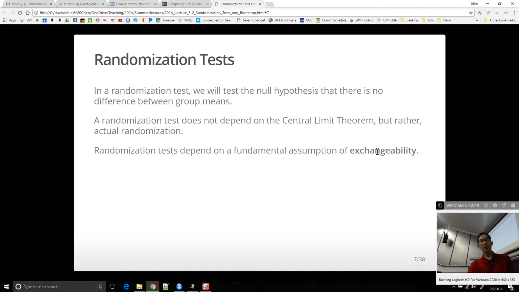So this is where we're headed today. We are doing randomization tests. We are not going to rely on the central limit theorem. We're not going to rely on our analytic understanding of hypothesis tests and t-distributions and normal distributions, but just rely on this concept of randomization.